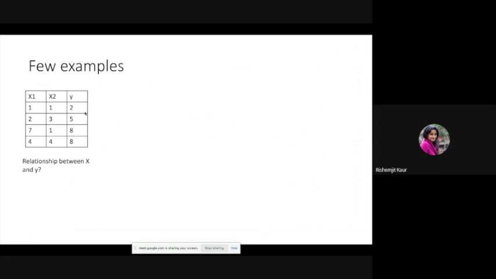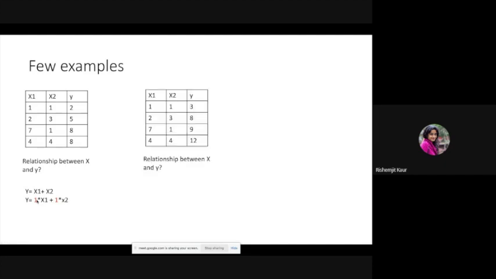It's a very simple thing. If you look at the input and then if you look at the output, you can tell what the relationship is. Okay. So you will see that output y is simply the sum of x1 and x2, right? y is equal to x1 plus x2. Or if I write it like this, y is equal to 1 into x1 plus 1 into x2.